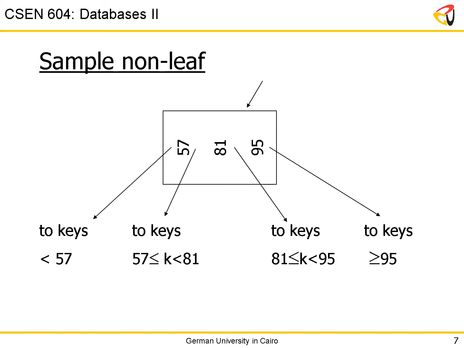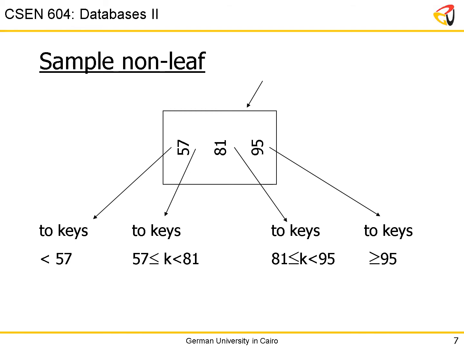The arrow to the left of a value will always take you to values that are less than that value, and the arrow to the right of a value will always take you to values that are greater than that value, or equal to it. And that's bounded by the next value in the node, if there is one.